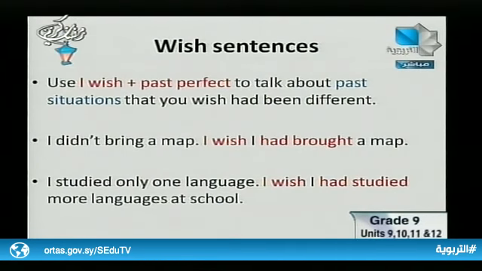Another example or explanation for wish sentences. We use wish plus past perfect to talk about a past situation that you wish had been different. So when we have present simple, we use the wish and then we use the unreal past. But when we have simple past, we use the past perfect.